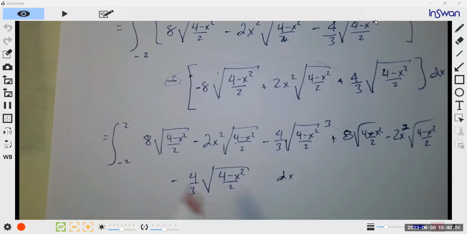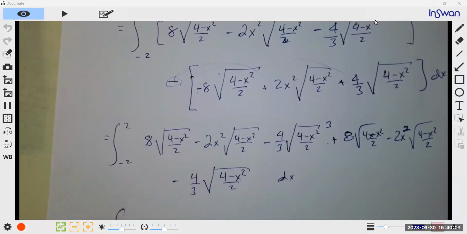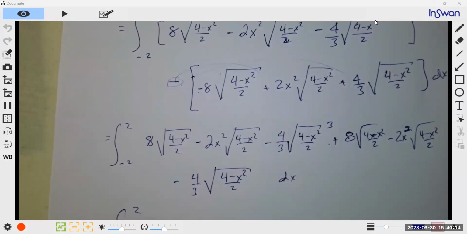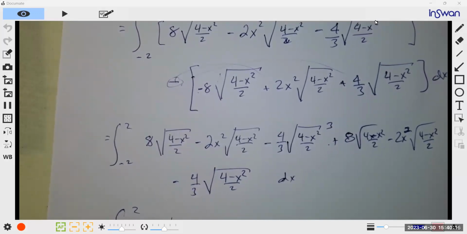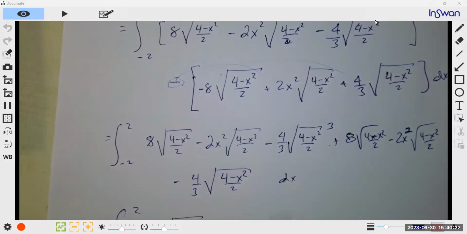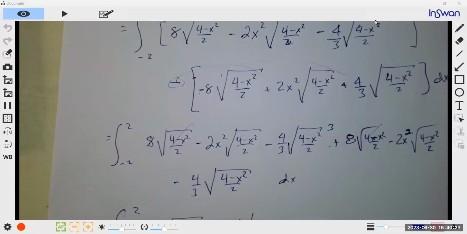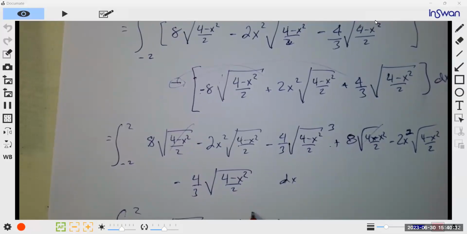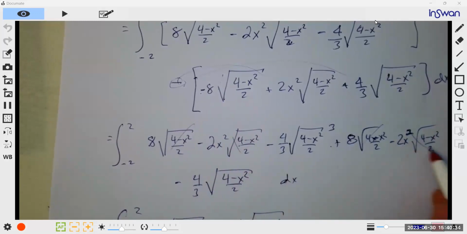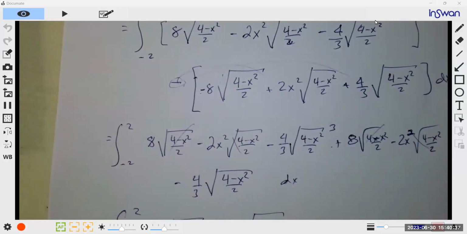Now everything just doubles. So 8 plus 8 is 16, negative 2x squared doubles to negative 4x squared. Then 4 over 3 plus 4 over 3 is 8 over 3.